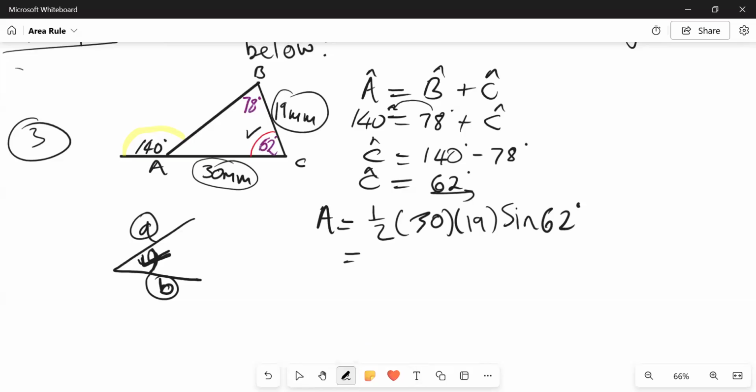Perfect. And then now you just use your calculator here, and you get 251.6, to 1 decimal place, millimeters squared, right? So obviously I'm using a square because this is an area.